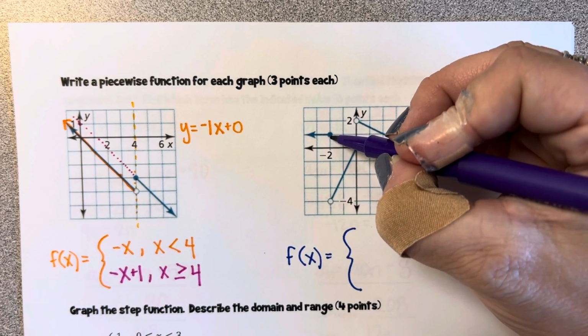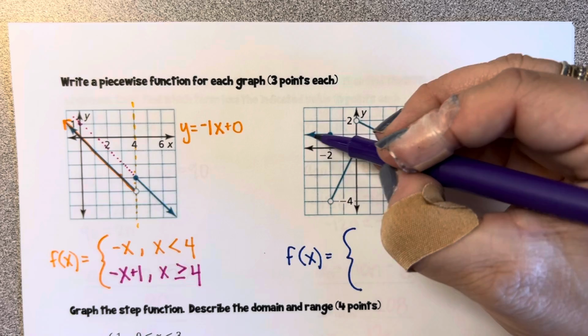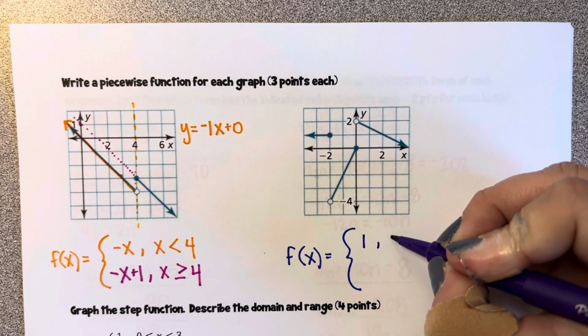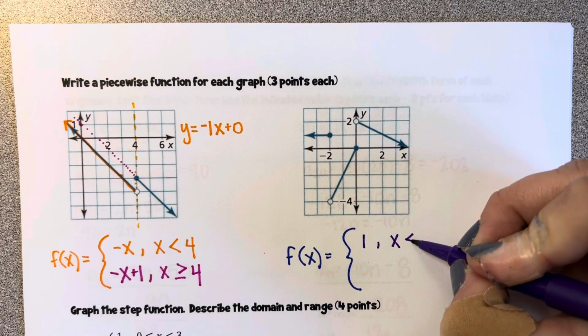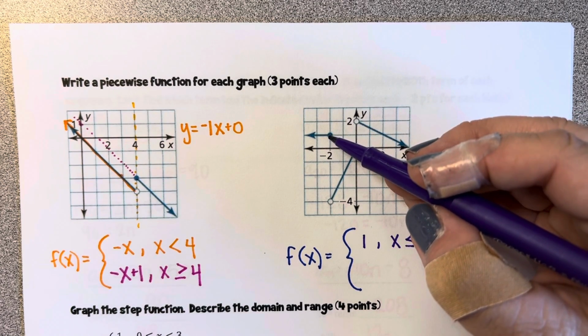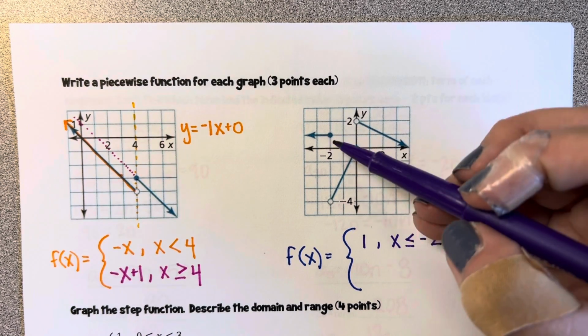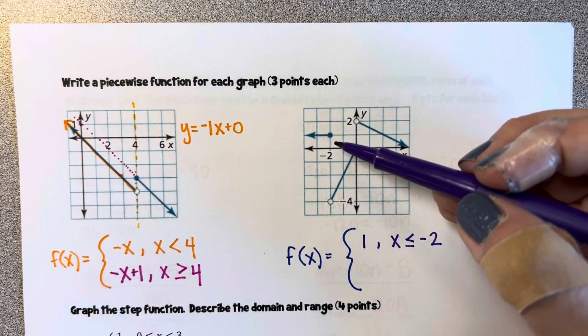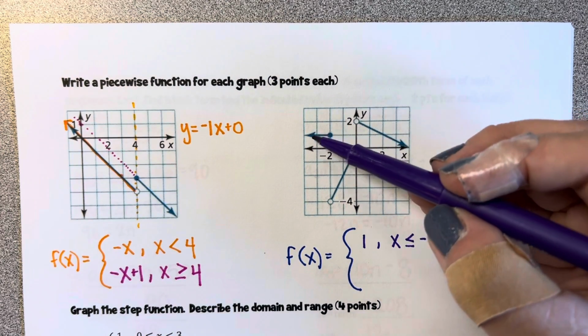It's horizontal, and remember that all that means is that it's on y equals 1, if x is less than or equal to negative 2, right? It's a closed-in dot. So if your x value is negative 2, it's going to sit on this line of just y equals 1. Okay, so that's our first part.